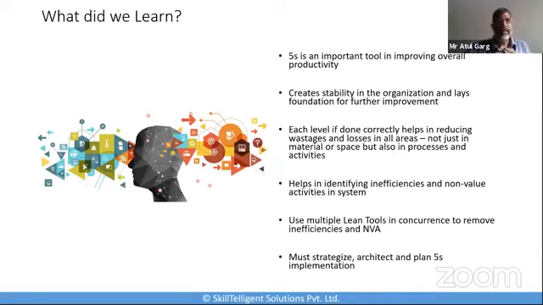So that is how 5S has to be implemented. As we saw in our example, we could use 5S very effectively to improve productivity at our customer. And 5S also brought a lot of stability into the organization, which would also help in sustaining the productivity levels achieved via 5S.